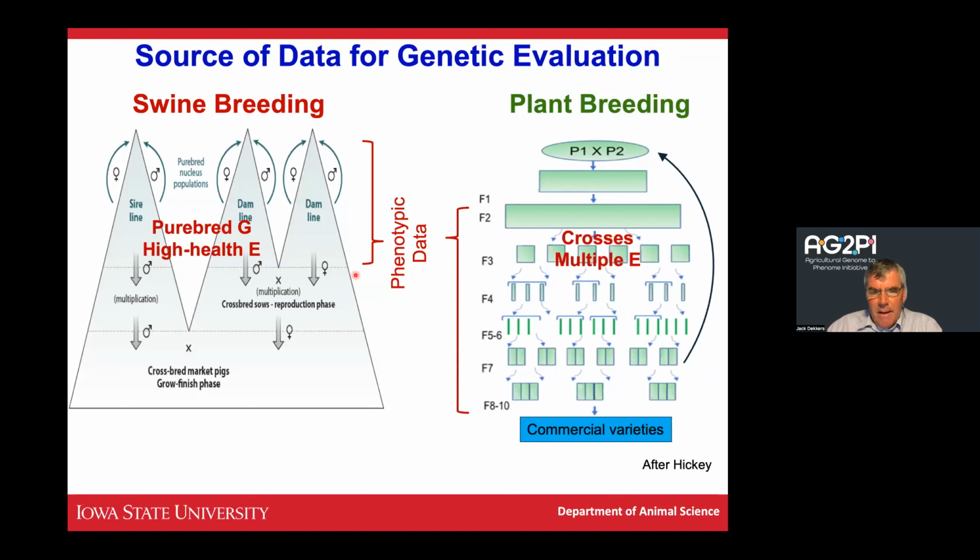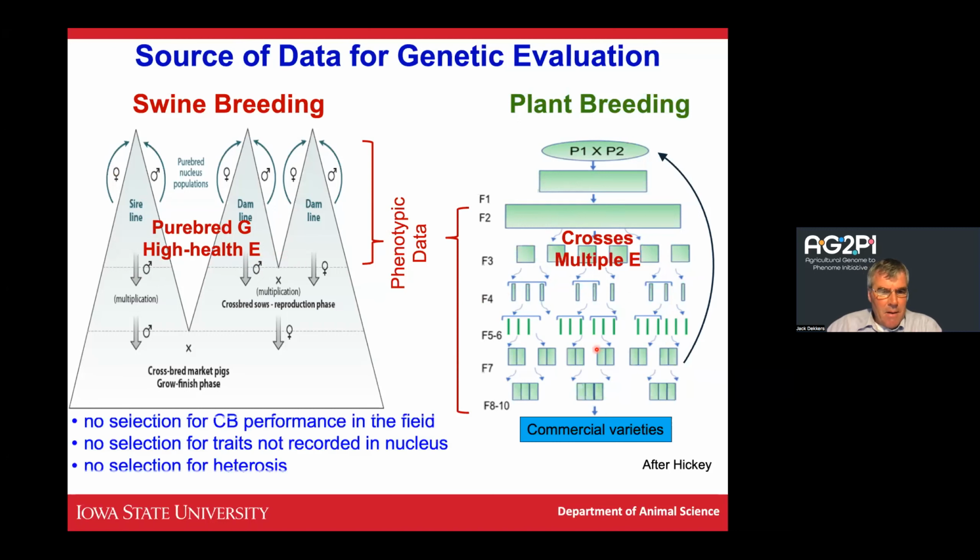On the plant side, these multiple environments and multiple crosses are made, and so the data that's collected is typically across many different environments, which of course helps with dealing with G by E. So on the animal side, and this is very much for swine breeding and poultry breeding, to a lesser degree for cattle breeding, when we focus all the selection based on purebred data in this high health environment, we're not necessarily improving commercial performance as well as we can.